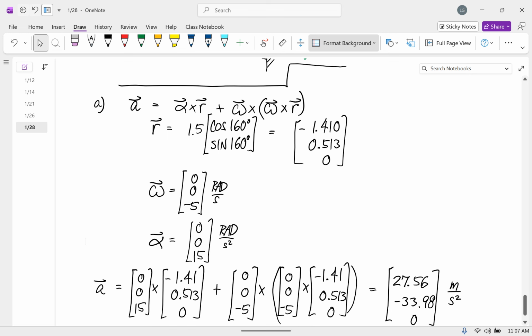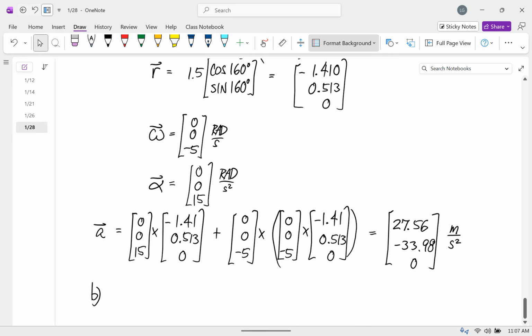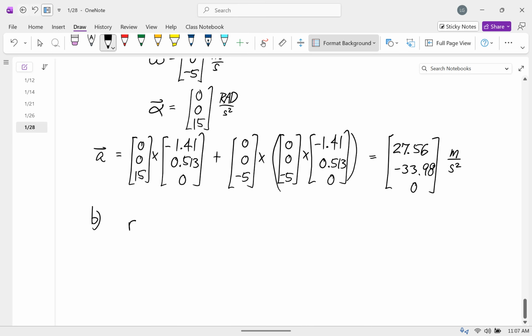Okay, so what's going to change here for part B? The only thing that's going to change is the r vector. The angular velocity and angular acceleration stay the same. So the r vector this time, the vector from the center of the circular motion to the point we care about, is just going to be a distance of half of the length, so 0.75 times cosine of 160, sine of 160.